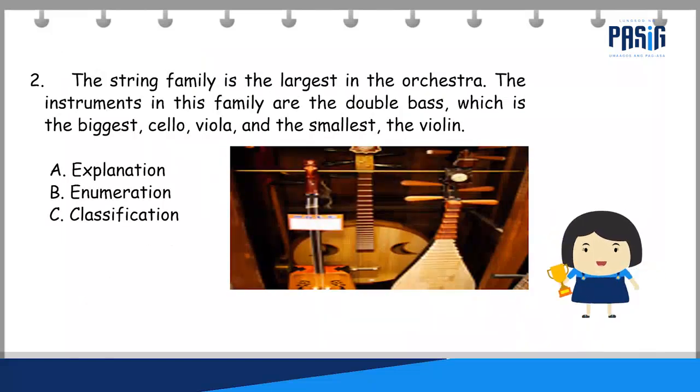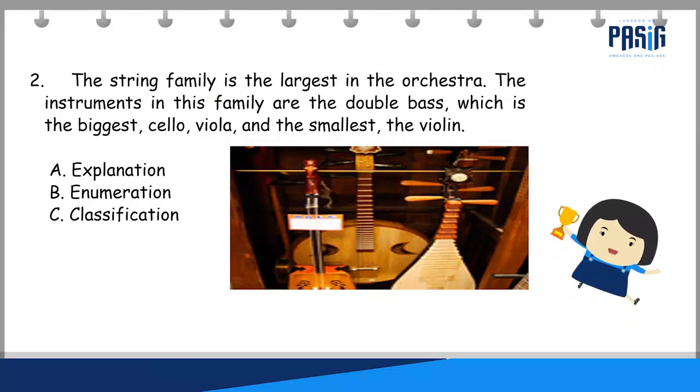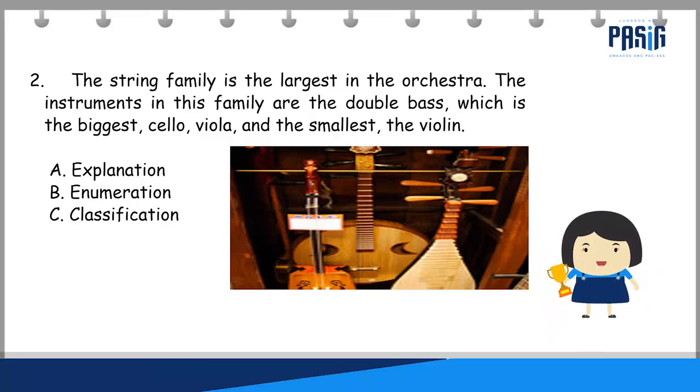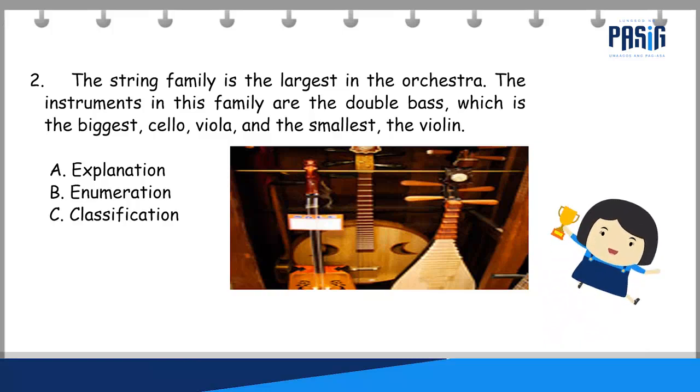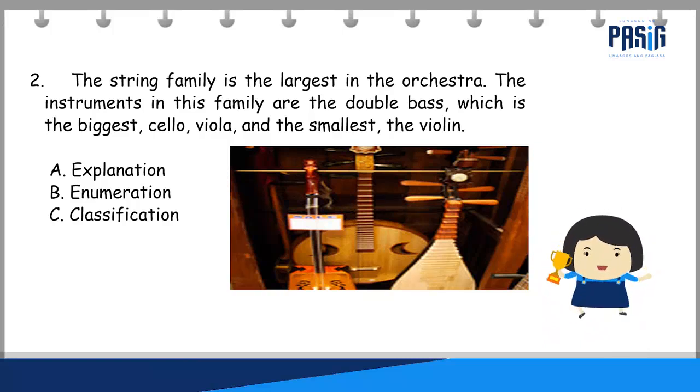The string family is the largest in the orchestra. The instruments in this family are the double bass, which is the biggest, cello, viola, and the smallest, the violin. A. Explanation. B. Enumeration. C. Classification.